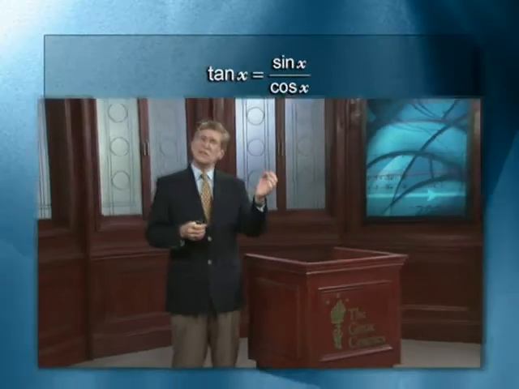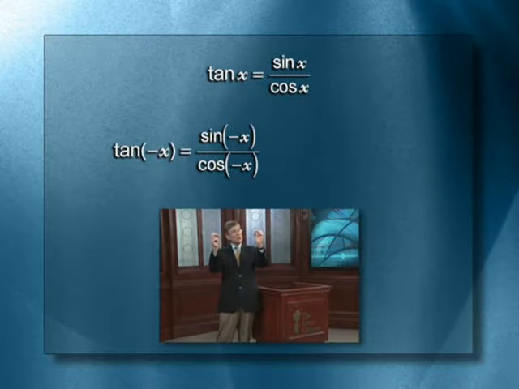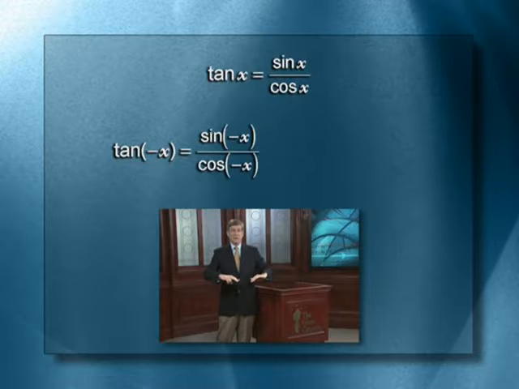Tangent is also an odd function. Odd in both senses. It's kind of a weird-looking graph, as we'll see in a moment, and it's odd in the mathematical sense, that tangent of minus x is minus tangent of x. And you can see that by saying tangent minus x is sine of minus x divided by cosine of minus x.